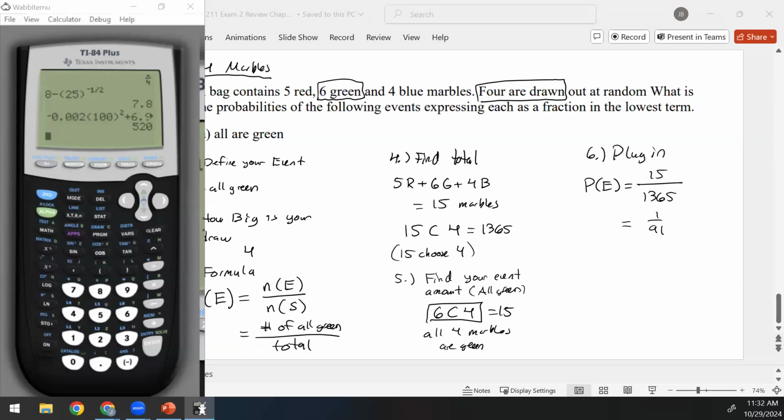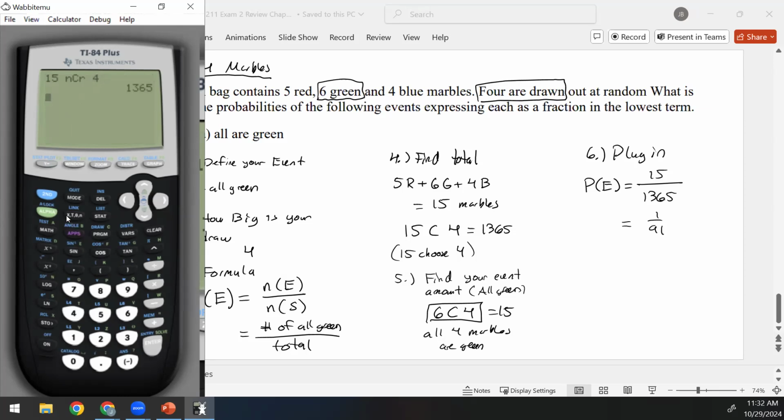To do the combination on your calculator, first type in the total number, so 15. Hit the math button. If you have a newer calculator, you have 5 options on the top; if you have an older one, you only have 4, but for all of them, it's PRB. Then you go to nCr because you're choosing, not permuting, and you pick 4 marbles.